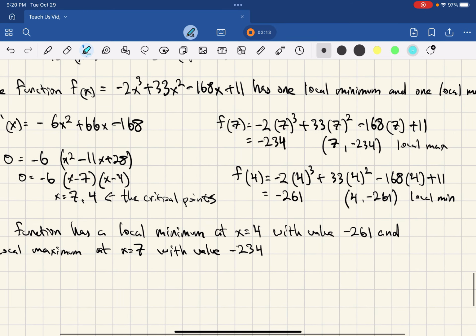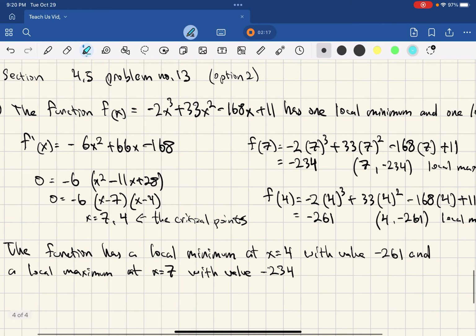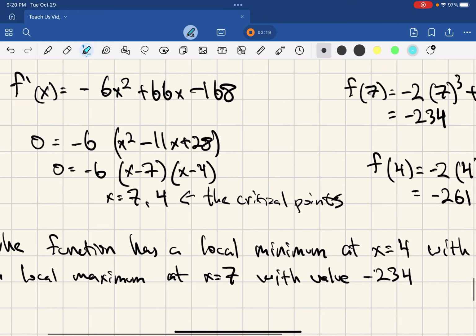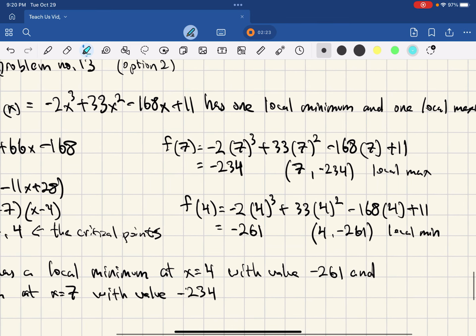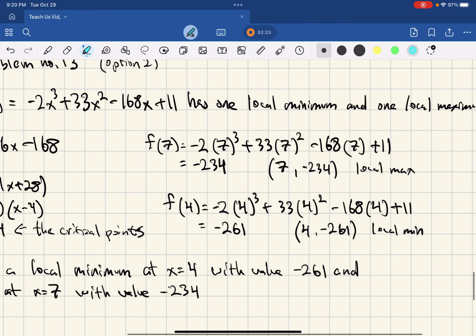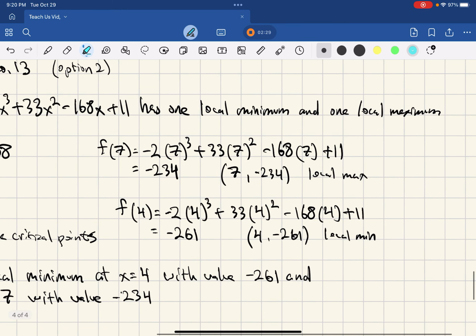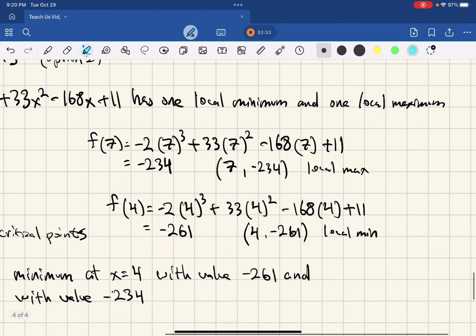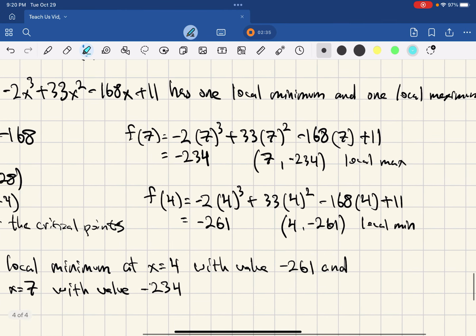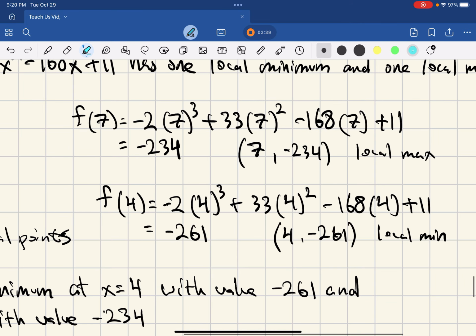And the quickest way to find out is plugging in these two x values, 7 and 4, into the original function. So f of 7 and f of 4. As you can see, I did the calculation already.